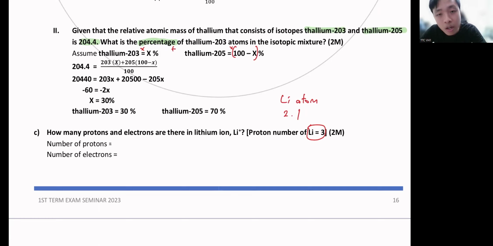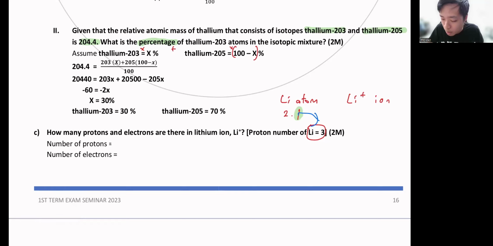The second shell and the third shell can fill up 8 electrons. So if you become a lithium ion, it means they want to become stable. They will donate because here you got one extra valence electron. So donate out means I want to throw it away.